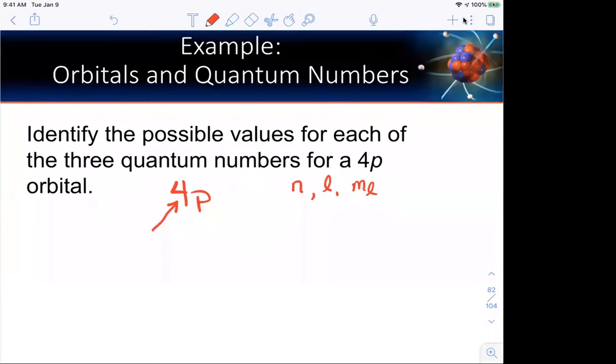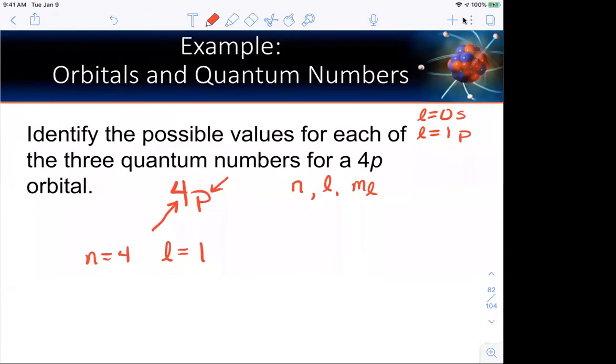It's that number that designates the shell. So n equals 4. My l value is going to be the value for p. Remember, l equals 0 is s, l equals 1 is p.